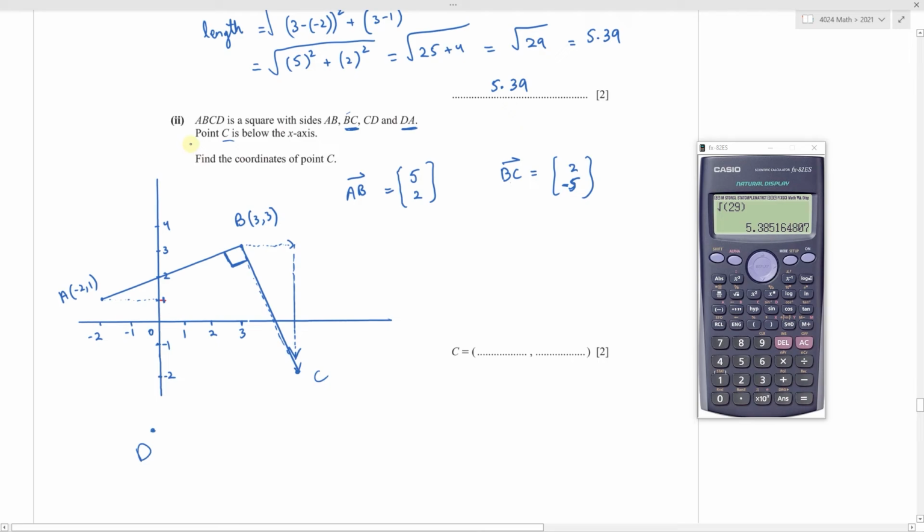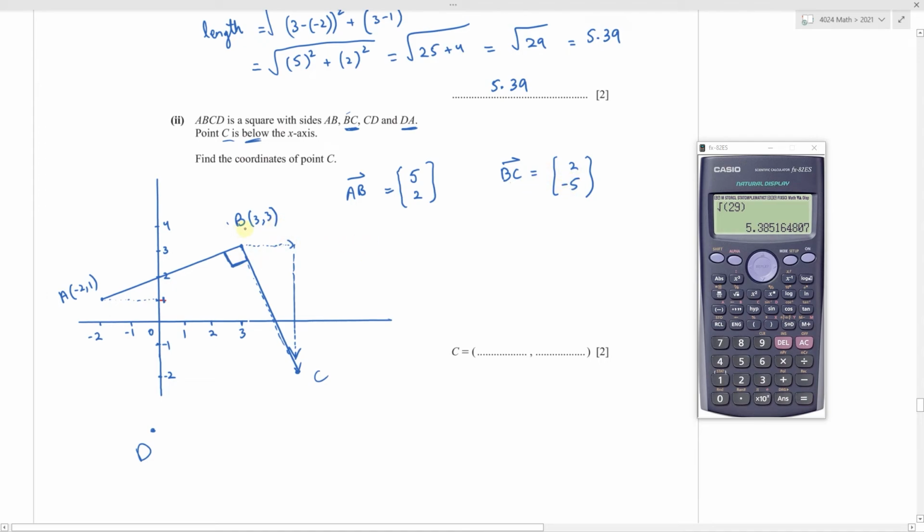If we were going in this direction, it would have been minus 2 and plus 5. That would have resulted in C somewhere here, which would have made a 90-degree angle, but it would not have been below x-axis. Since you're given that your point C is below x-axis, your vector BC will be 2 and minus 5.